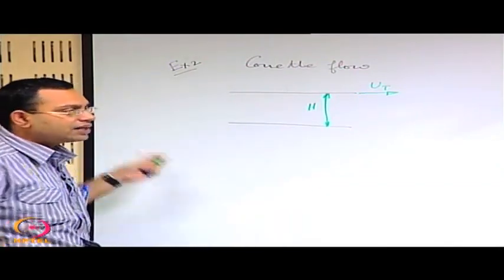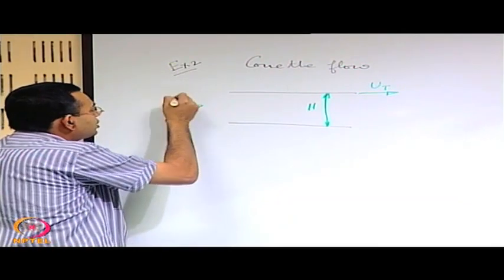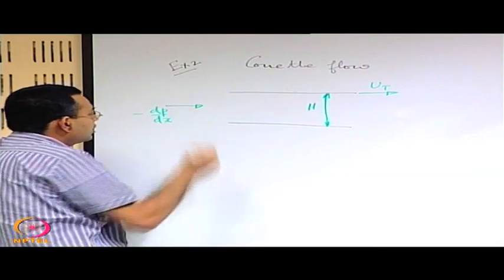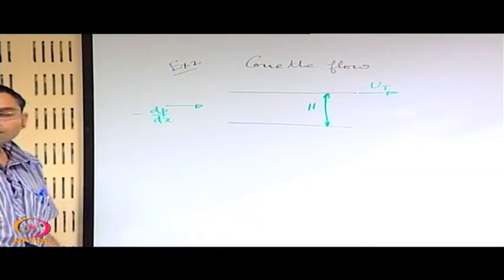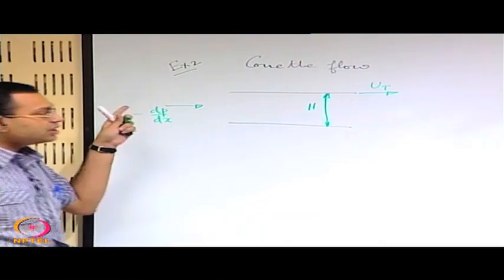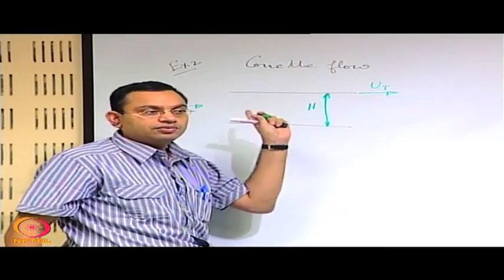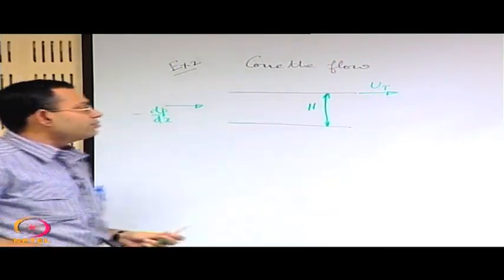On top of that, you might have a pressure driven flow by virtue of a pressure gradient, some negative dp dx. We have seen that this can drive the flow. So you have a pressure gradient driven flow, you have a shear driven flow, and the resultant is a combination. What kind of combination? That we would like to see here.